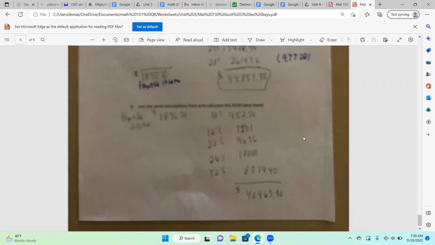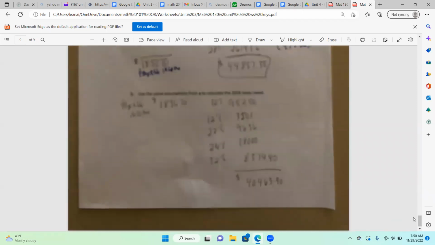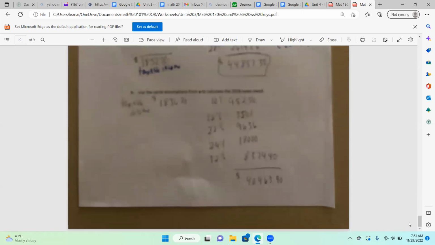And then it's asking you to do the other tax table, and the taxes would be $40,463.90. Reach out if you have any questions, since this is not very clearly written. Have a great day.